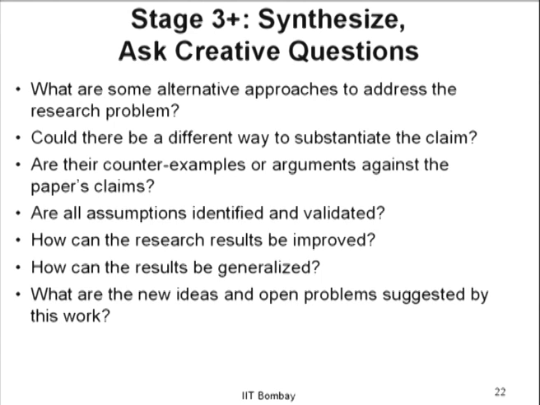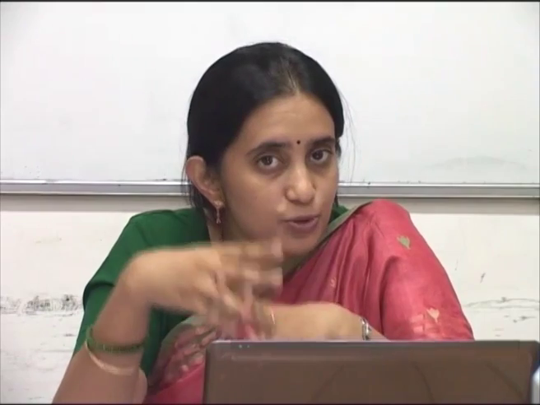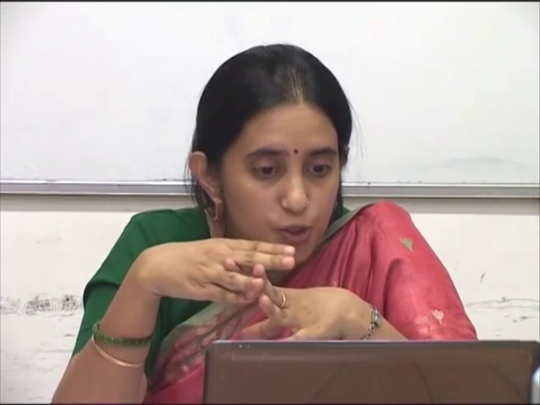go the opposite direction. Let's look at the third question. That's also an interesting one. Are there counter examples or arguments against the paper's claims? So let's say you find that what the authors have done is correct, but it's correct within the situation that they have tested. And in a new situation, you have come up with an argument where their results may not hold. This happens a lot in engineering and science.